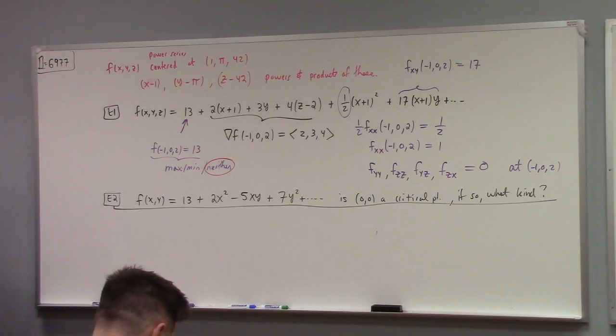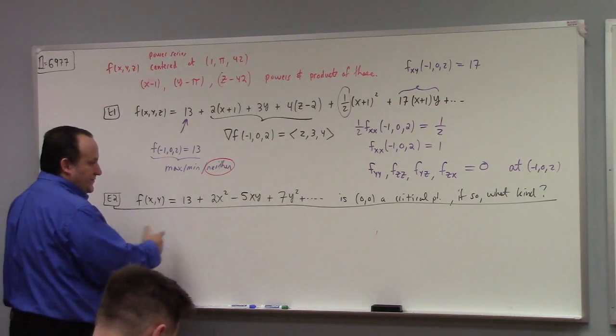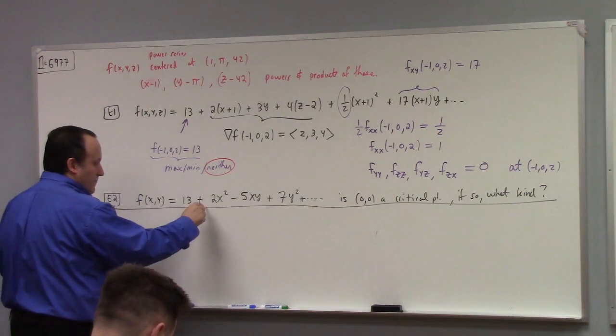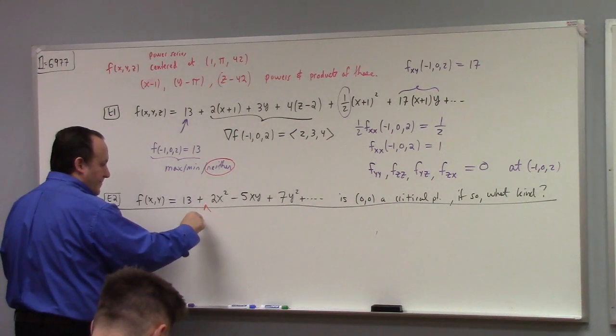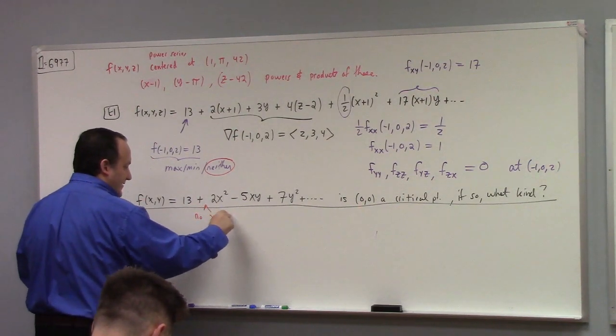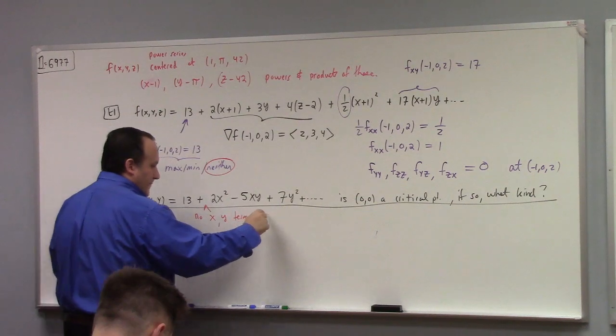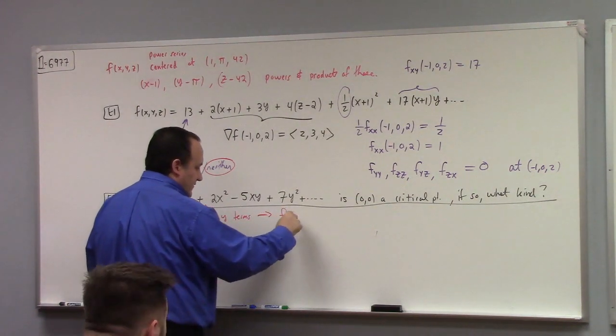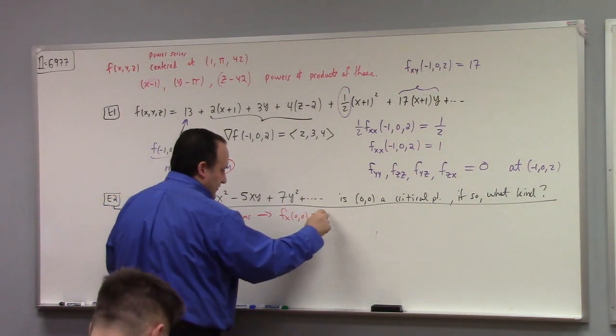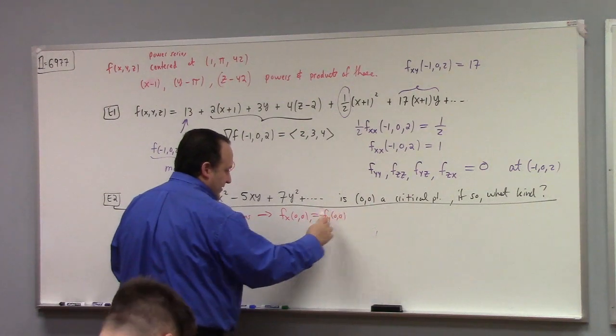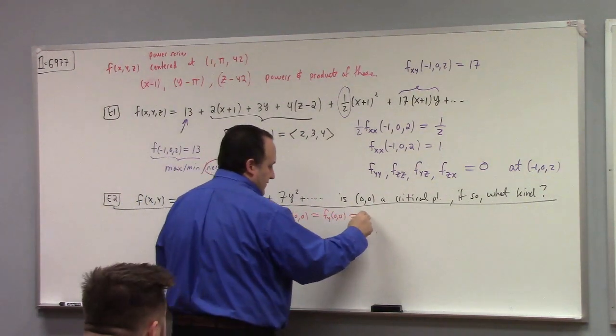So first of all, it is a critical point. Why? See what's missing here? No x or y terms. That tells me that f_x of (0, 0) is equal to f_y of (0, 0) by examination. So those are 0.